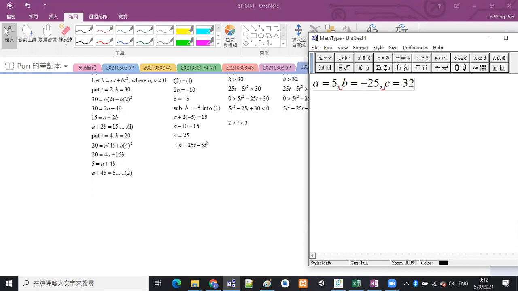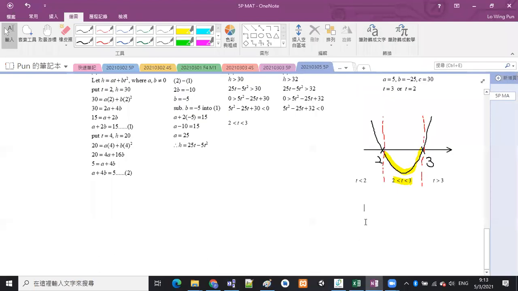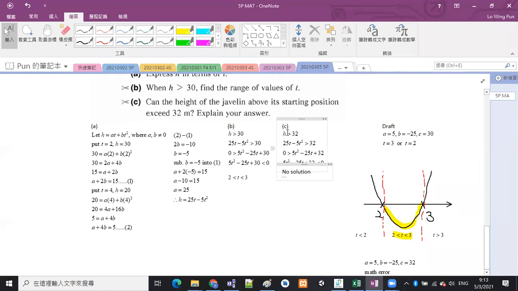Let's see. You have got math error. Okay, math error means no solution. No solution, which means that if I want the h to be larger than 32, then there should be no solution.